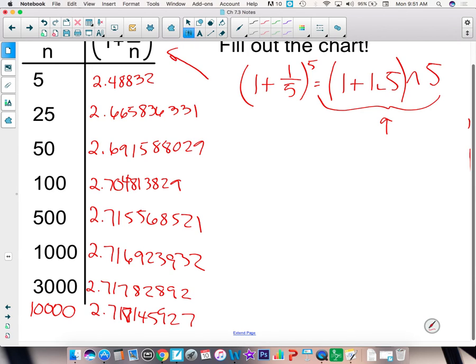So we start out around 2.4, then we jump to 2.6, 2.6 again. Now we go to 2.7, 2.7, 2.7, and it just kind of stuck there at 2.7.